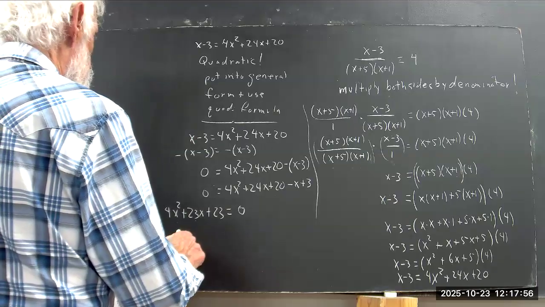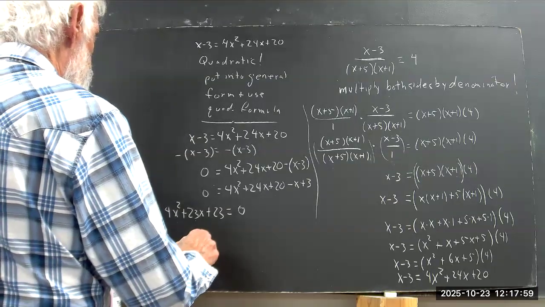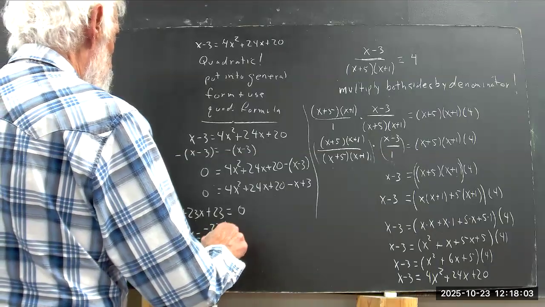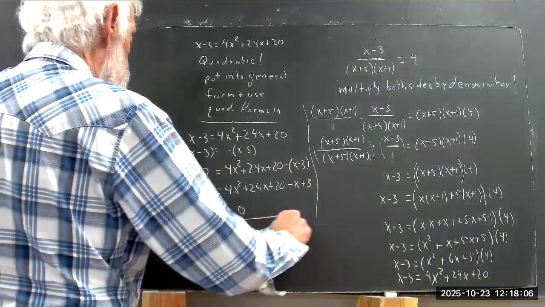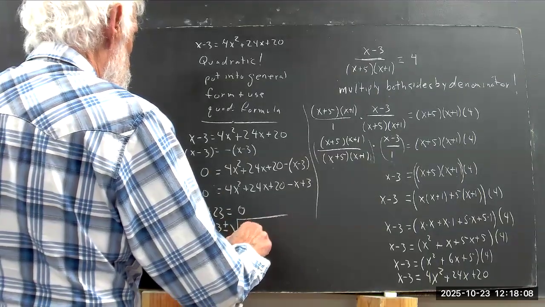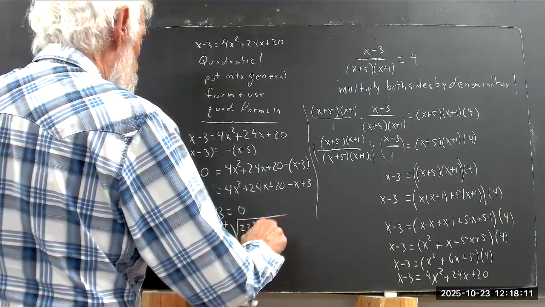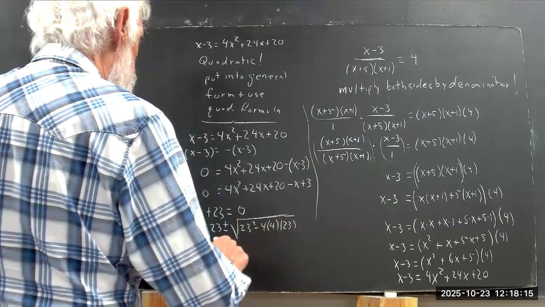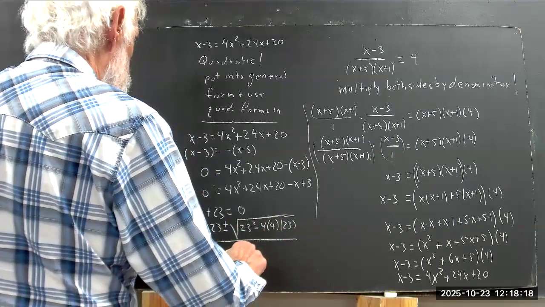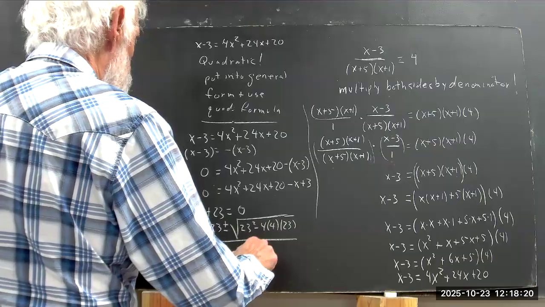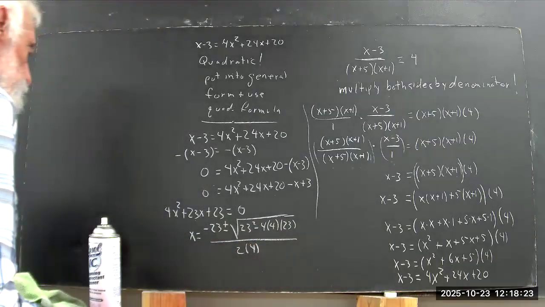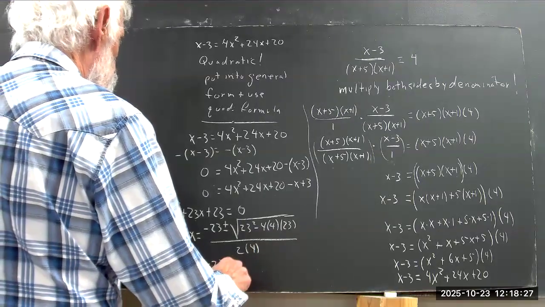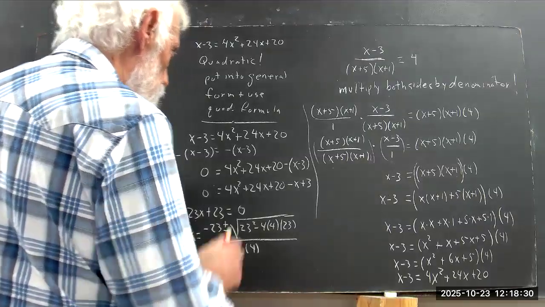So x, then, by the quadratic formula, is negative 23 plus or minus the square root of 23 squared minus 4 times 4 times 23, all over 2 times 4, which is negative 23 plus or minus, doggone, you're going to make me do that in my head.